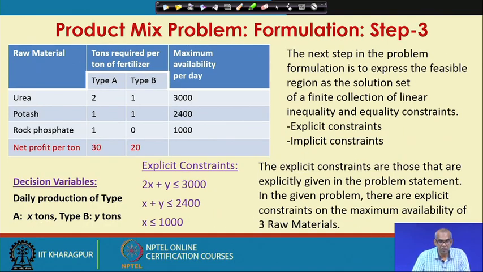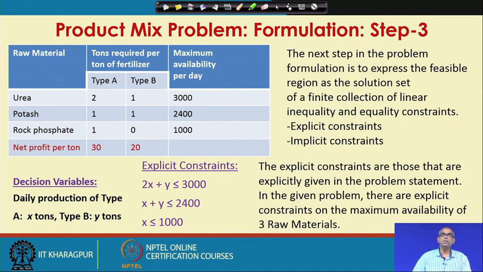So, we have now decided the decision variables, we have also determined the objective function. So, now we have to formulate the constants. So, the next step in the problem formulation is to express the feasible region as the solution set of a finite collection of linear inequality and equality constants.